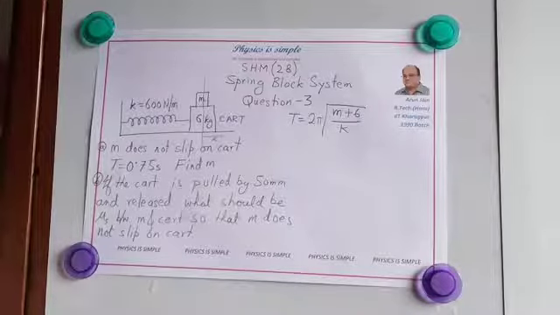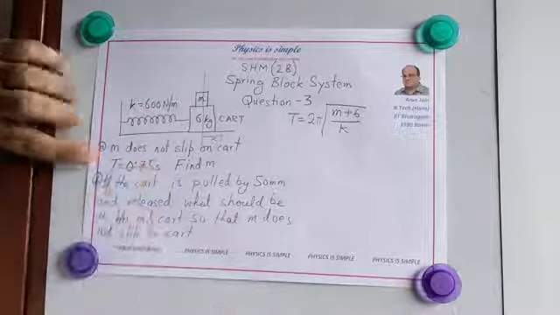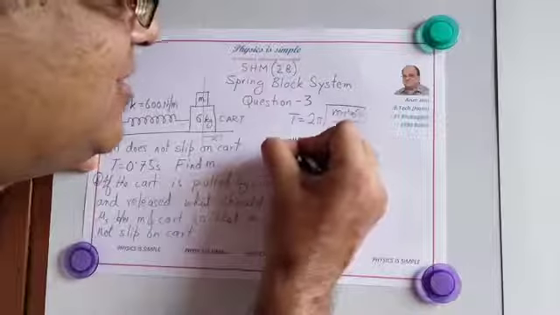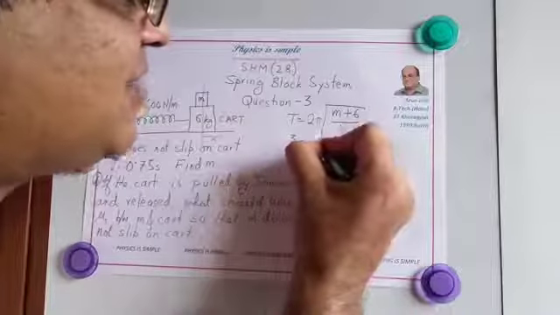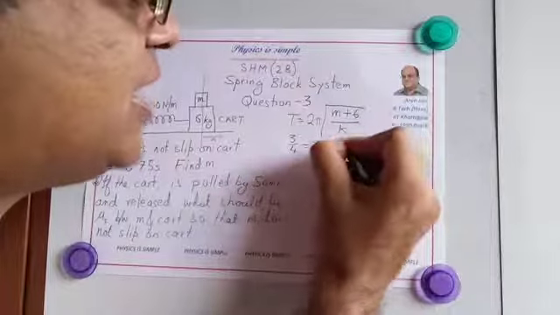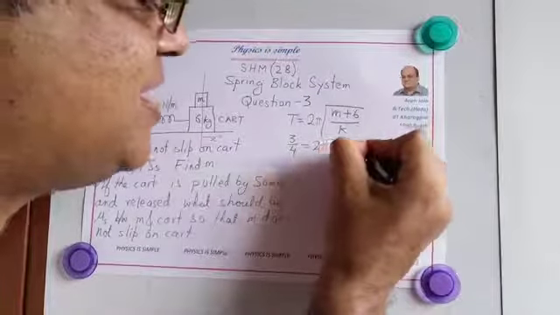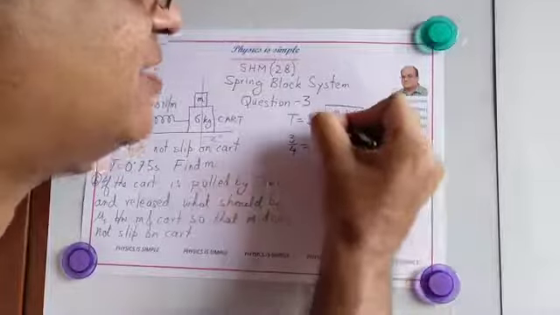But if we write time period as 3 by 4 seconds, because 0.75 is 3 by 4, then squaring that is very easy. So we can write this as 3 by 4 equal to 2 pi root over M plus 6 by the spring constant, which is 600.